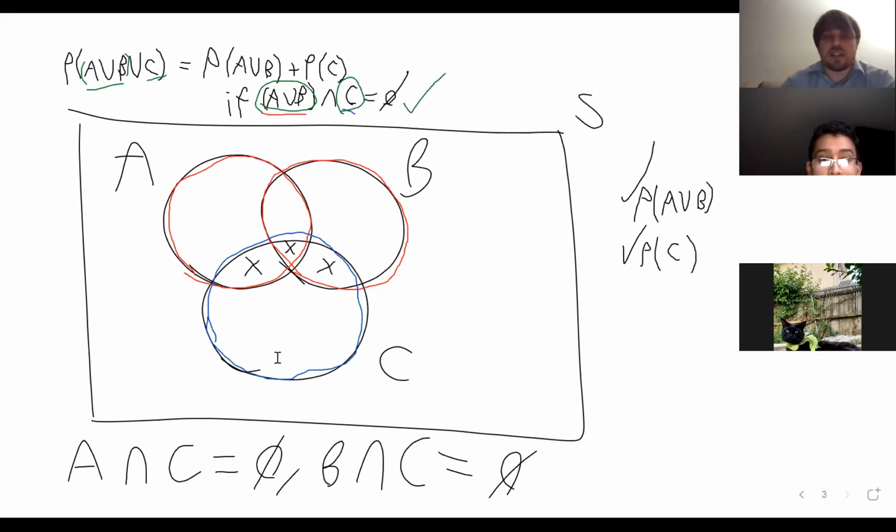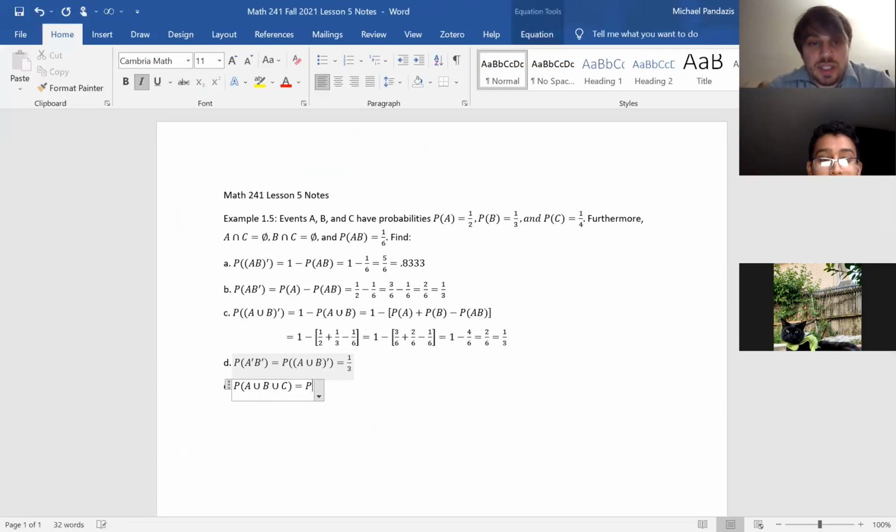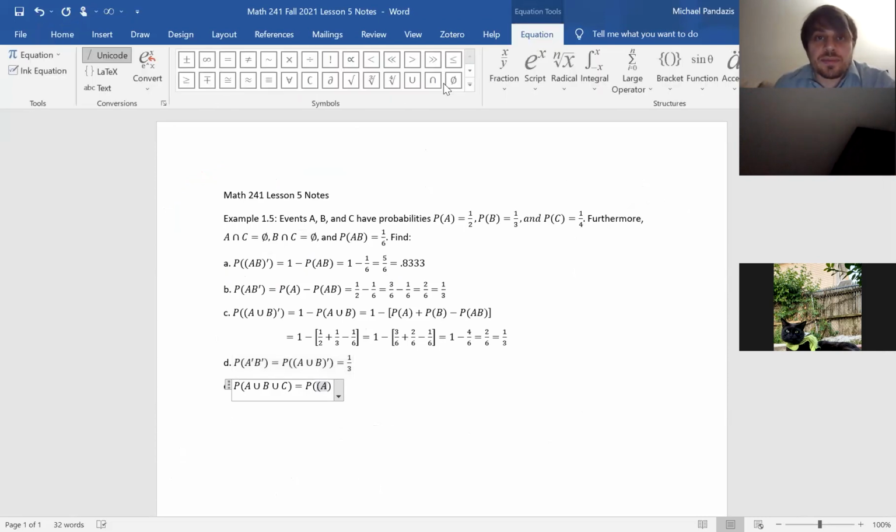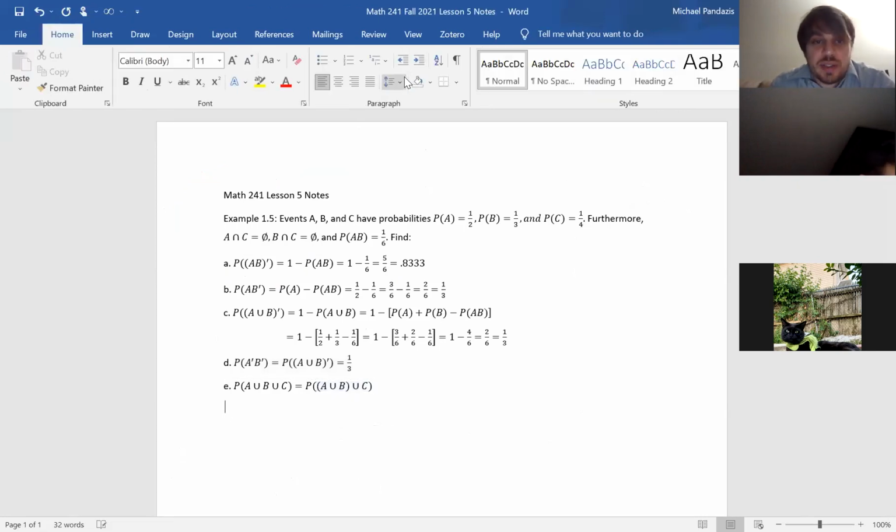So the probability of A union B union C, just to put in an in-between step, is equal to the probability of A union B in parentheses union C, where I think of A union B as one set and C as another set.